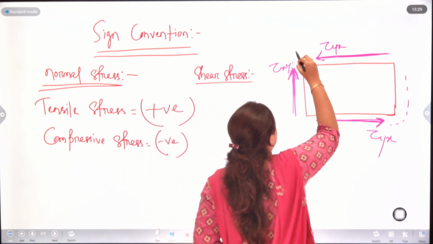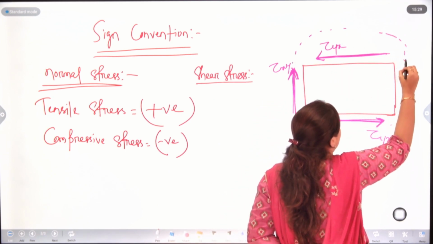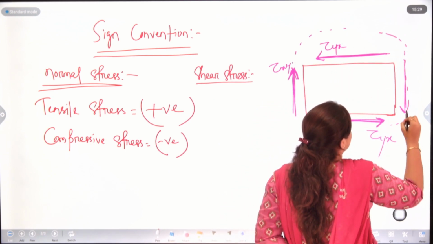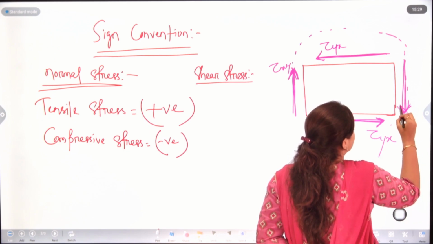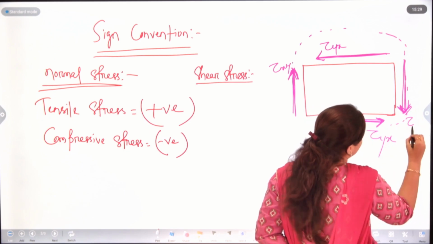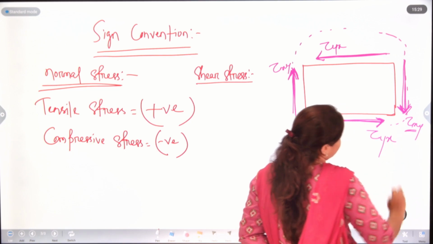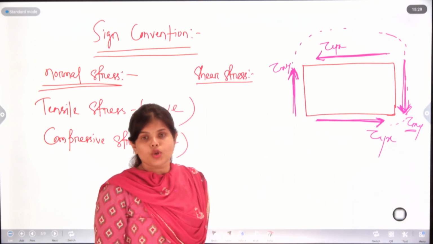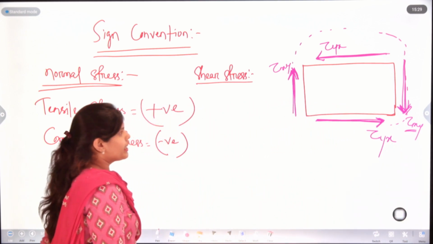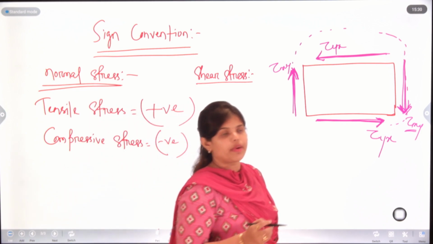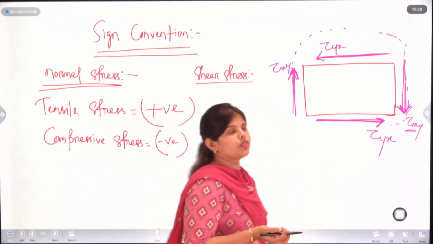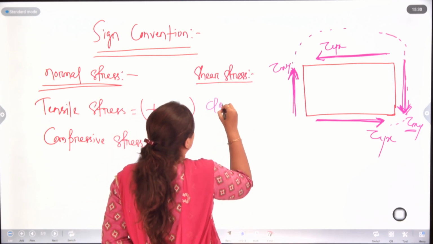Another stress will act in the opposite direction. This is also your tau xy, right. So, we can differentiate positive and negative by clockwise or anti-clockwise direction.